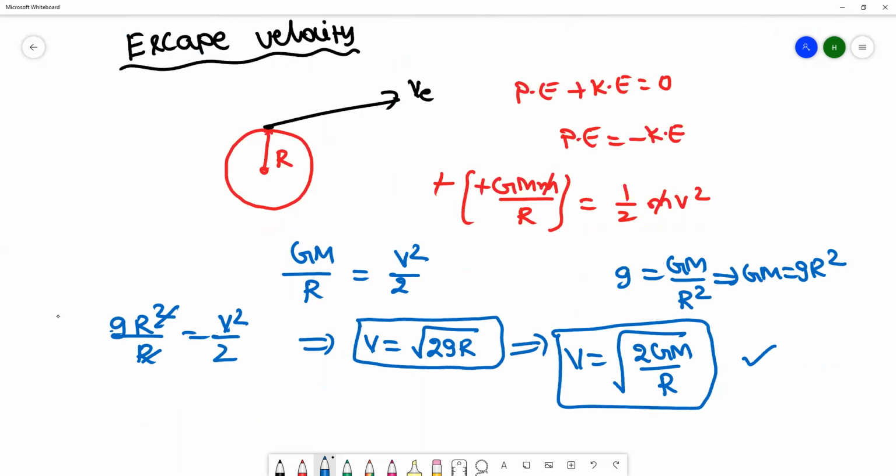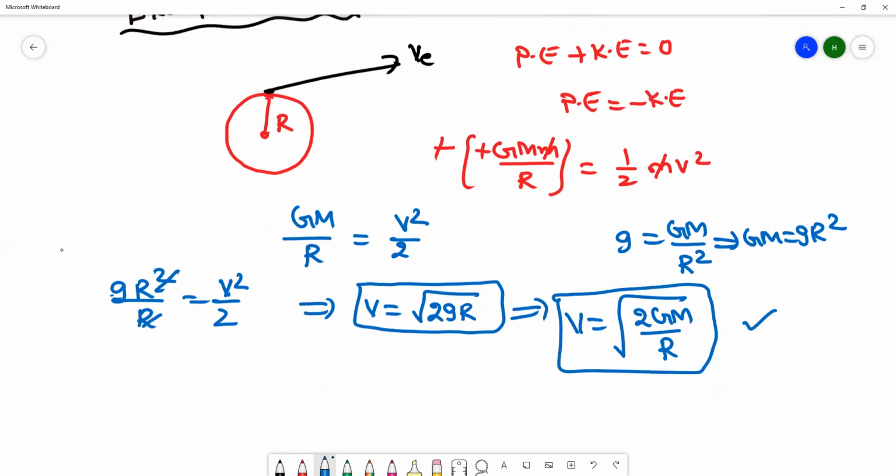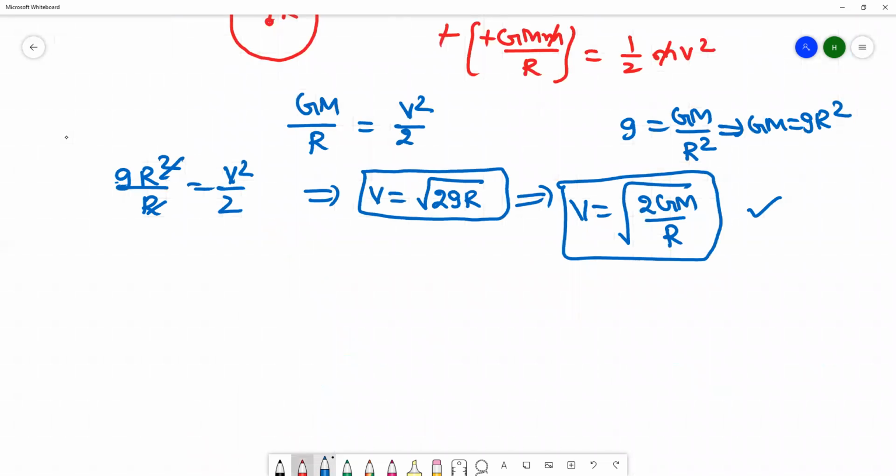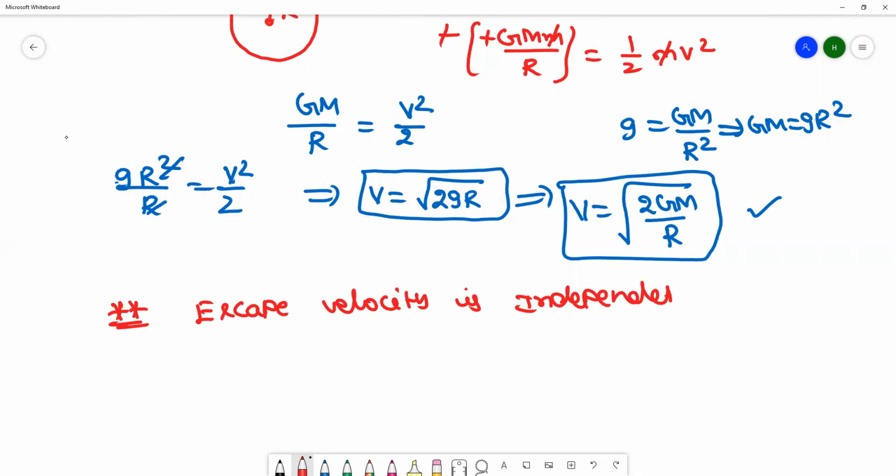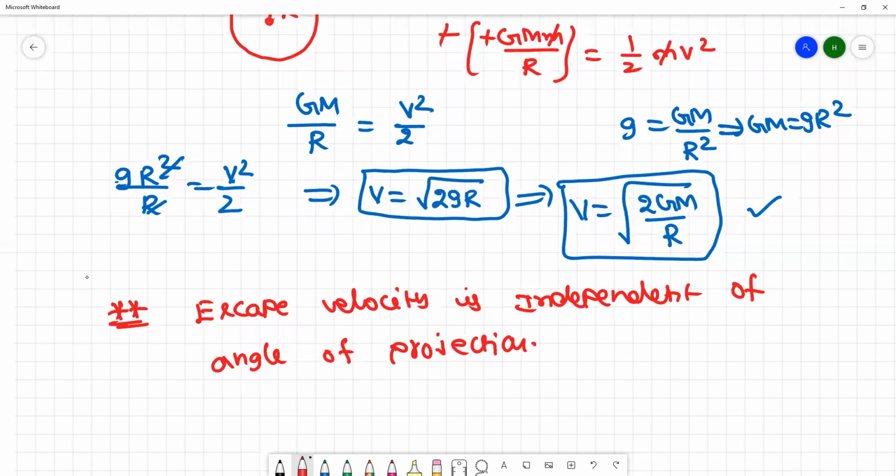And here, one more important point, they ask even in many objective exams: make sure escape velocity is independent of angular projection. Suppose you project with any velocity, and after that they change the angle, the velocity will remain the same.